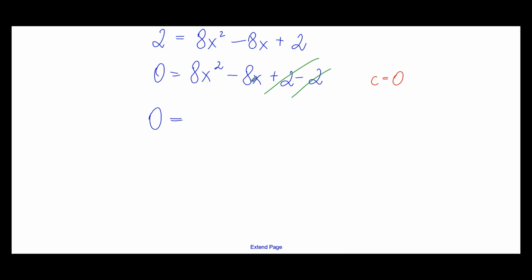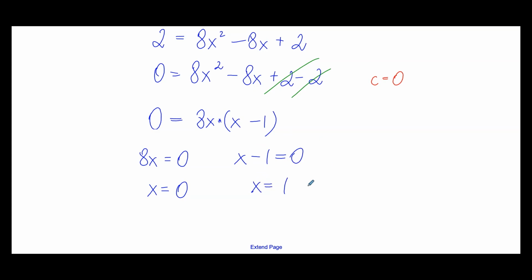Or we can factorize, bringing 8x in front of the fraction, so I will be left with x minus 1. Now that I have that in the form of factors, I equal each factor to 0. So one value of x will be 0. And then the next one, we move 1 to the other side, change the sign, so 1. So yes, we did find the two values of x. One is 0, the other one is 1.